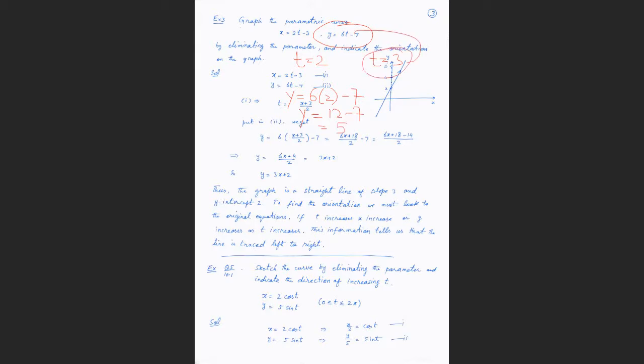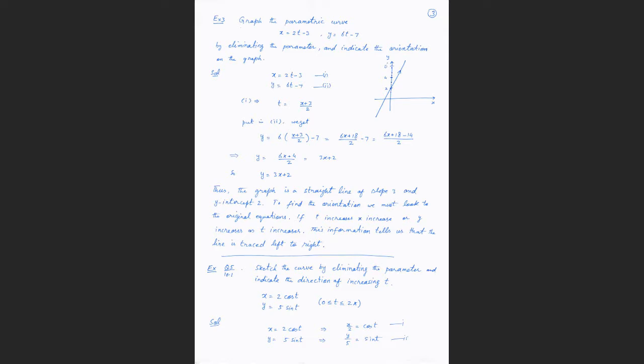If I put 3, y is equal to 18 minus 7, which is 11. So it is the same for x and y: if you increase the value of t, the values of x and y increase. It means the graph is moving upward.